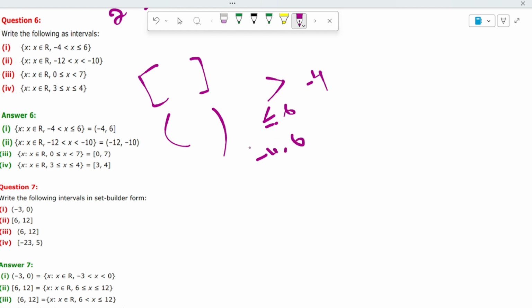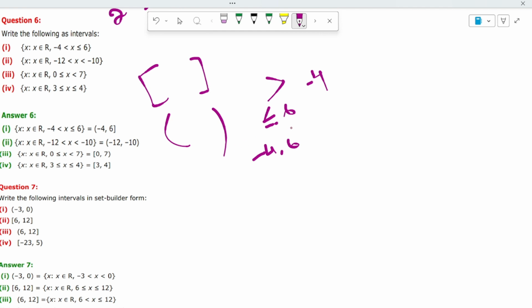Now we have to decide the braces, because they have given only greater than minus 4, so we do not include 4. So you will write minus 4 comma 6, and now you will get the answer.